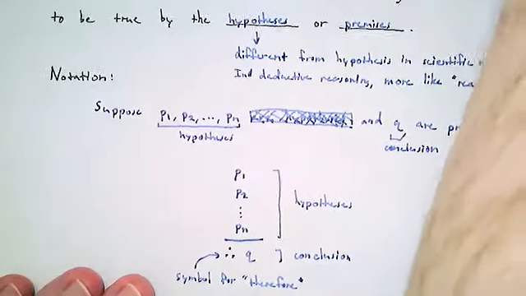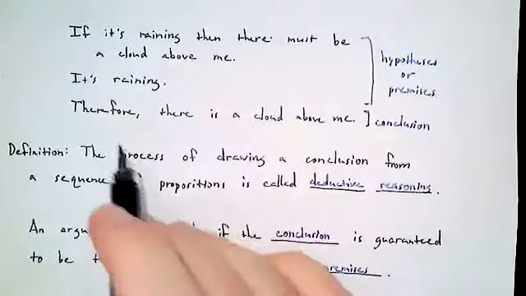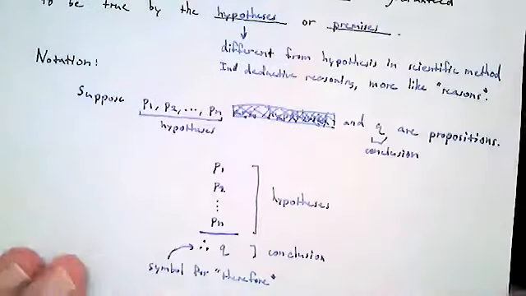Just like in my example, I wrote out the word therefore, and then I stated the conclusion. When you're using symbols, you'll use the three-dot triangle instead.